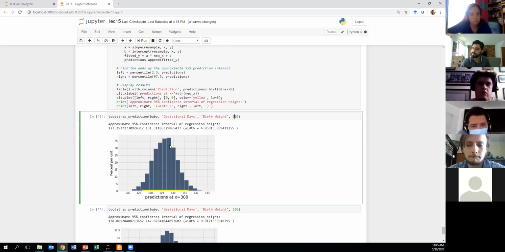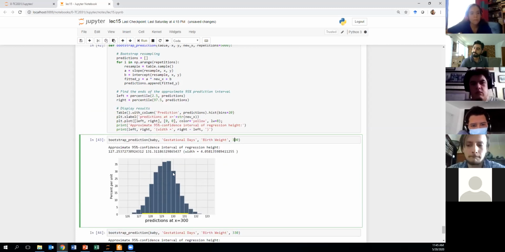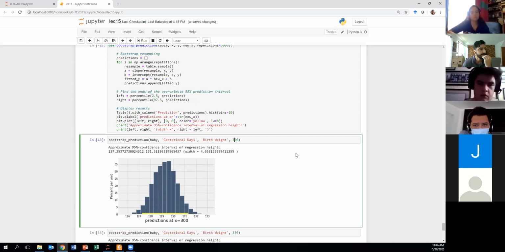What is it showing me? It shows that if the gestational days are exactly 300, the birth weight will be between 127.25 and 131.31 with 95% confidence. That's precisely what it's showing me.